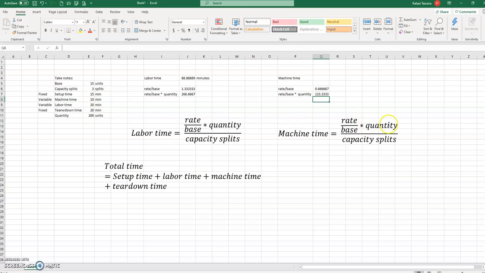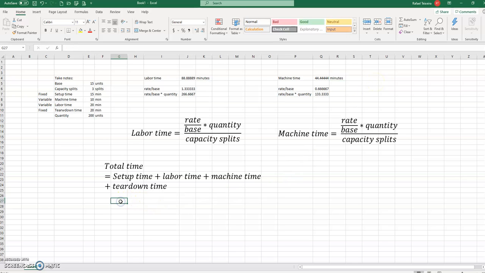I'm doing the top of this division, the numerator. Now the machine time, which is the whole thing here, is equal to the numerator divided by the capacity splits. Capacity splits is 3, so that's 44 minutes.